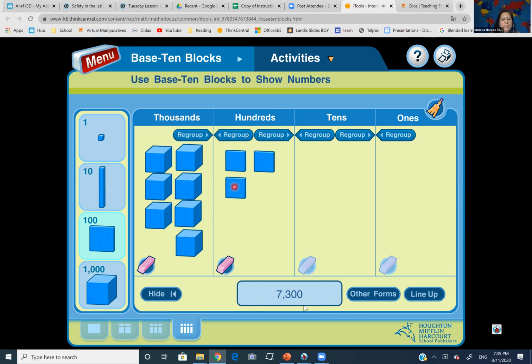Now notice how the numbers in the bottom are changing every time I add a base 10 block. Now we have 4 tens. 10, 20, 30, 40, and finally we have 7 ones. 1, 2, 3, 4, 5, 6, 7. So all together make the number 7,347.